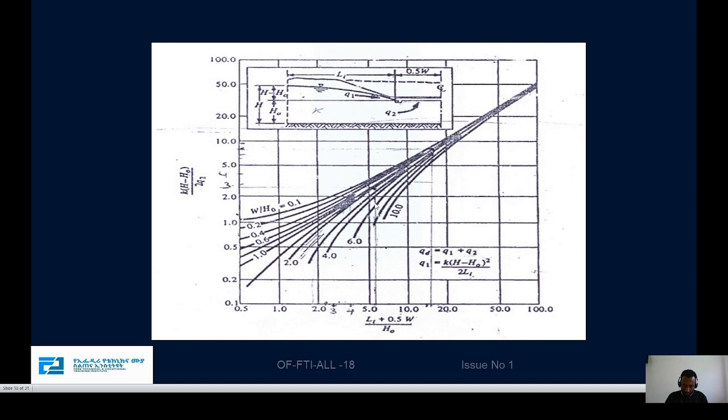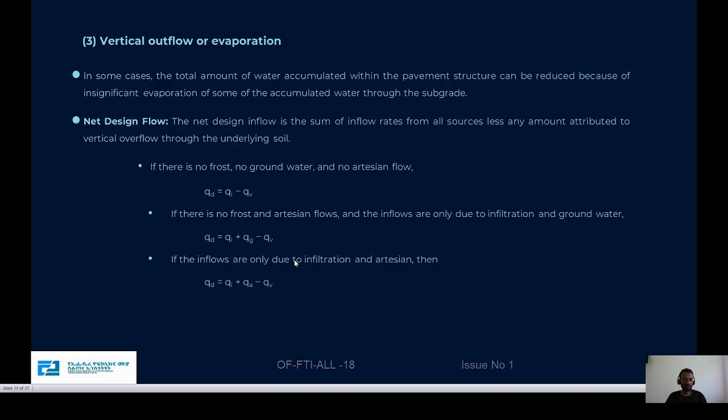For example, if there is 5, the K value will be 2. At this point we have determined W over H naught is equal to 1, so in this case it will be 2. The third step is vertical outflow or evaporation.